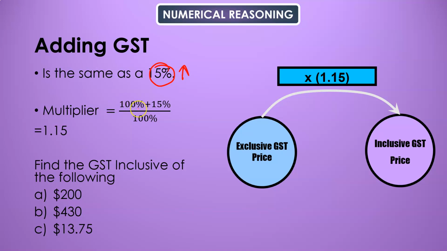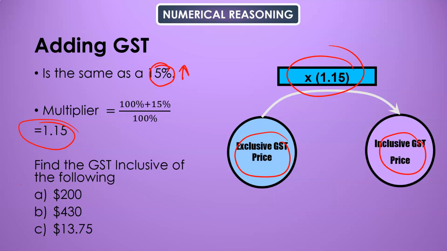So the multiplier is 100% plus 15% because it's an increase. If it was a decrease, that would be a minus, remember. And divide by 100, you get the multiplier 1.15. So simply, all we do to take an exclusive price and get an inclusive price with the GST included is that we times it by 1.15.